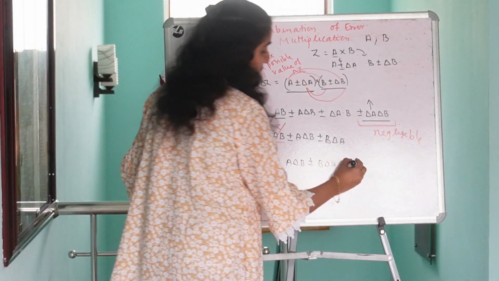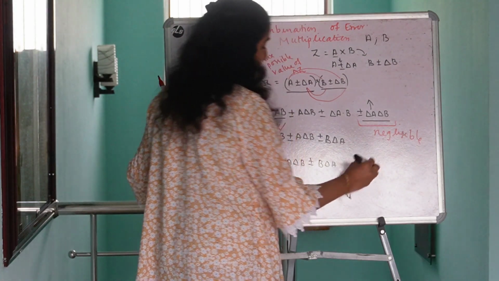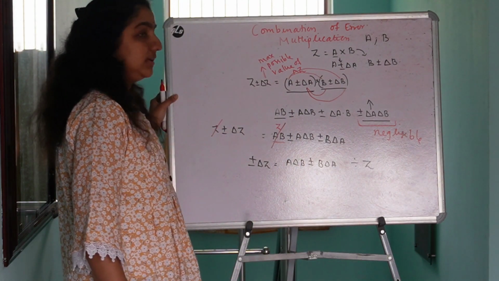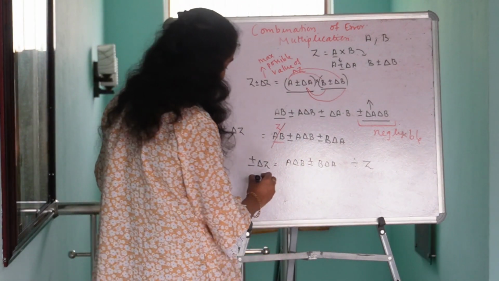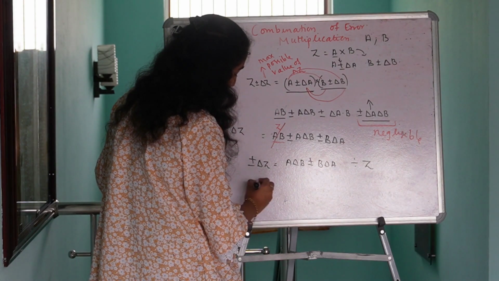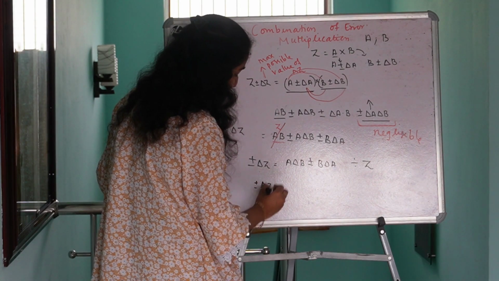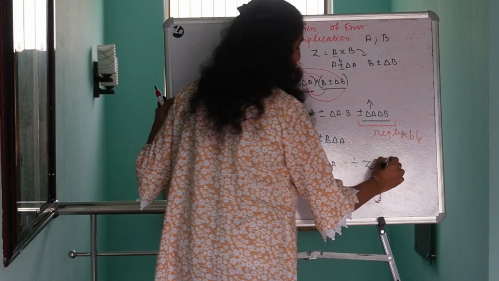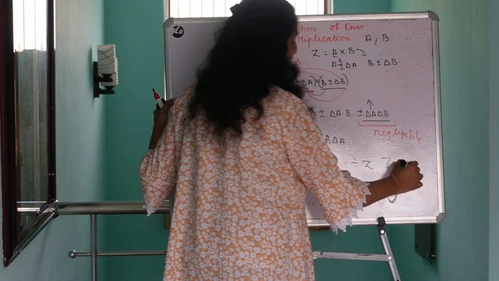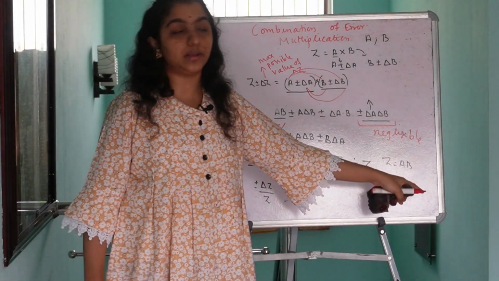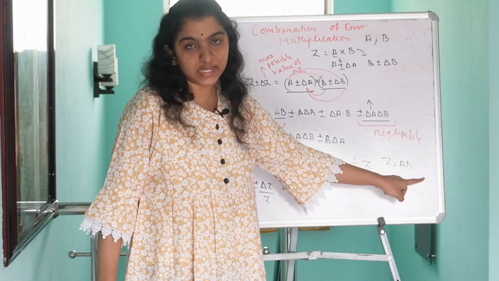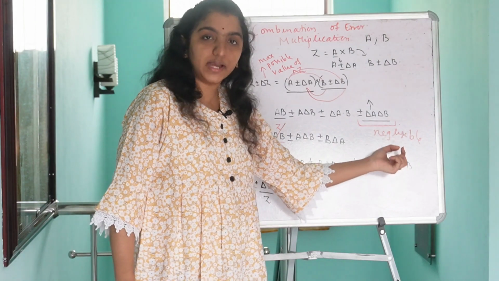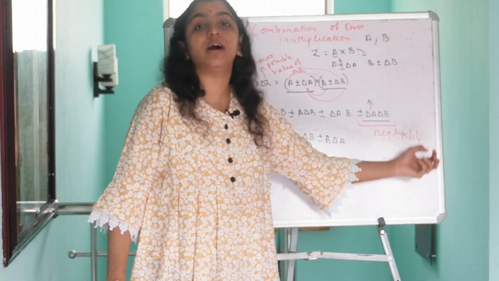Now we are going to divide this equation by Z. We know Z is equal to AB, so dividing by Z is equal to dividing by AB.